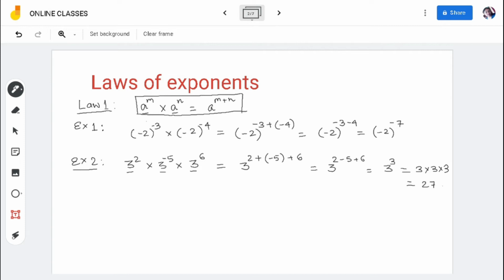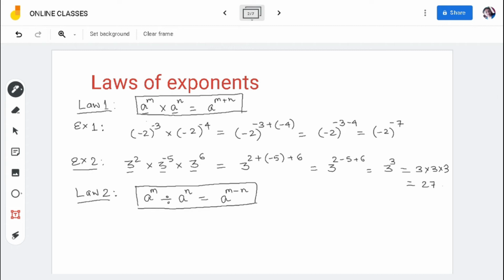So let's see what law number 2 says. Law number 2 says that if a to the power m divide a to the power n is there, then the answer will be a to the power m minus n. Now, in this law, we can compare it with the first law.